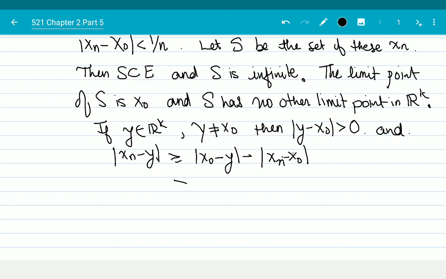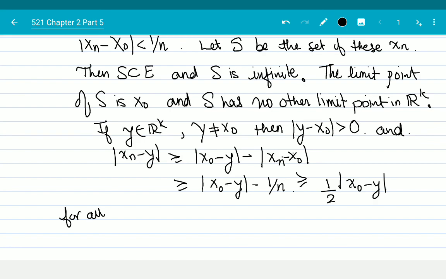Which is greater than or equal to, well, this distance is fixed, minus 1 over n, which is greater than or equal to 1/2 the distance of x naught minus y, for all but finitely many n.